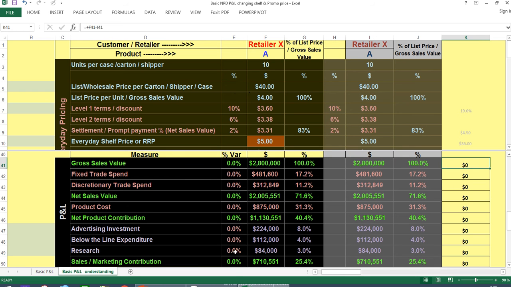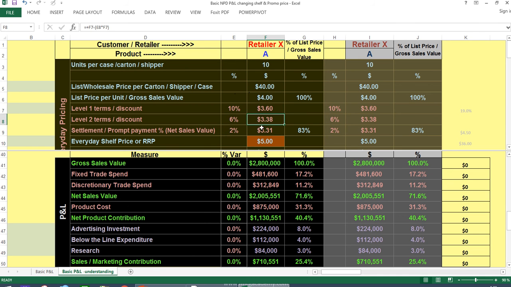The percentage variance is in column E: the green highlighted cells will essentially capture the percentage variance of the dollars, whatever's in F versus the original as a percentage, while for the red highlighted cost structures, such as trade spend, product costs, and advertising investment, that percentage is an absolute variance in the percentage. So you can see it's just trying to find whether within our P&L the cost structures have changed, or the percentage contribution of cost has changed or not.